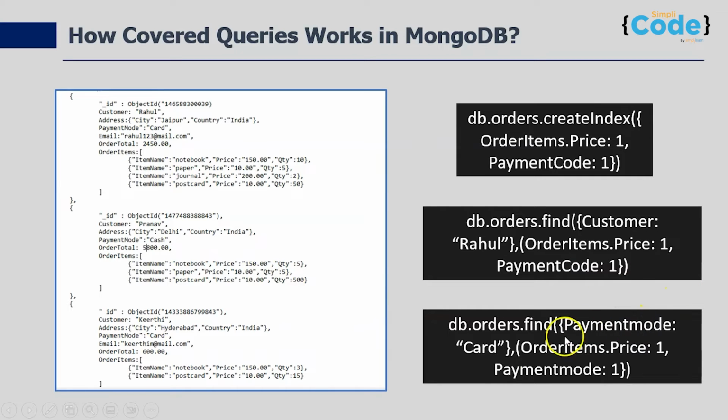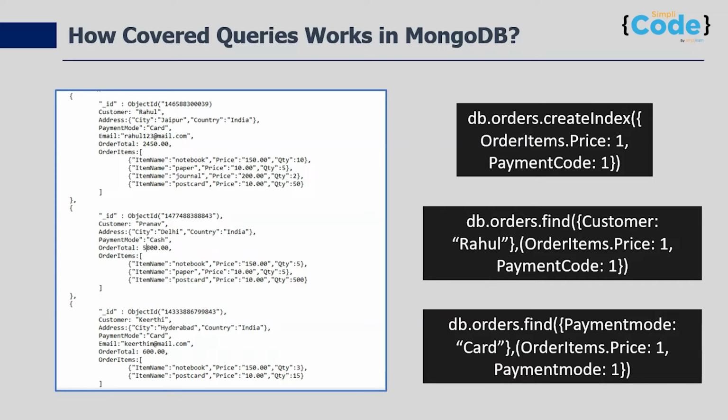So in that case, instead of looking through all the data present in documents, it will simply look at only the ones which are already indexed. And that is the main advantage of covered queries.